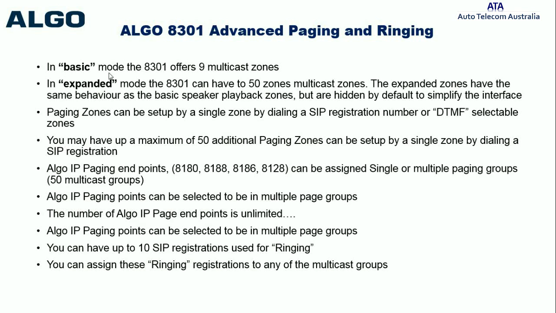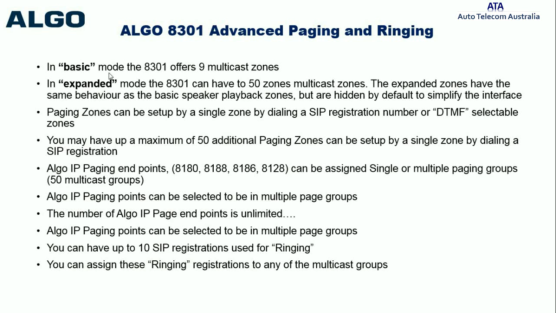The reason there's a basic and an expanded mode is that basic is simple to get your head around. There are 9 zones, away you go, and I'd say 90% of the installations will just use 2, 3, 4, maybe 5 paging zones or multicast zones. But for a larger corporate site, this 8301 will serve, and as you start looking at it, it really starts looking like a little server.